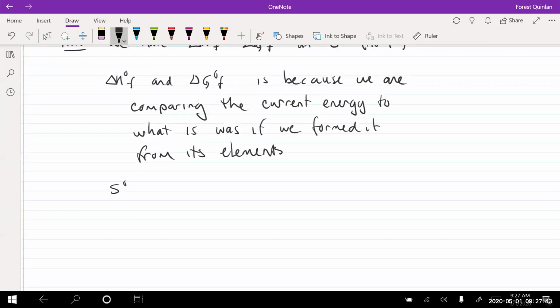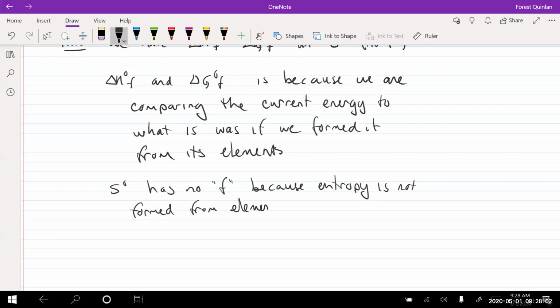S naught has no F because entropy is not formed from elements.